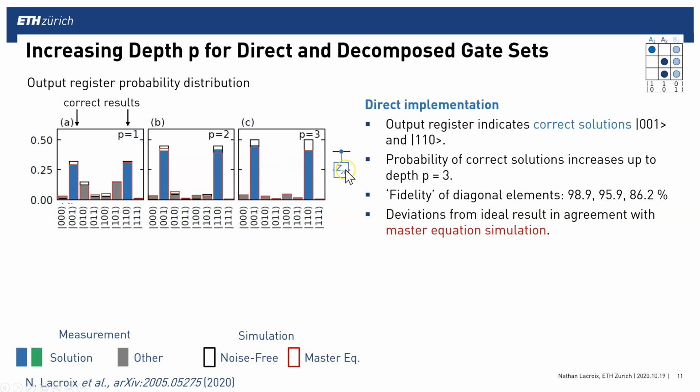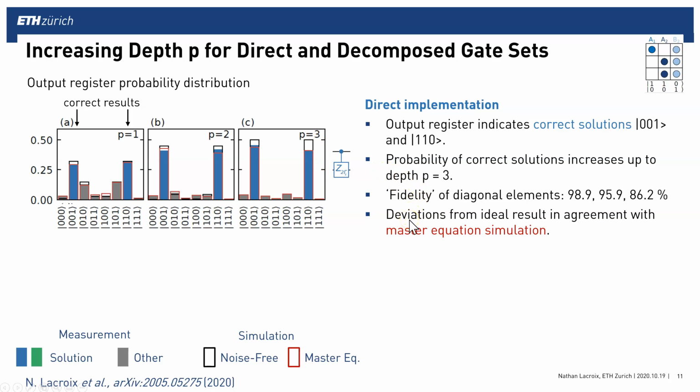Those 3 measurements were performed with a direct implementation of the arbitrary phase gate, namely the continuous gate set, and we see that indeed, with increasing number of layers, the probability of measuring one of the 2 solution states increases. However, we see that the fidelity with respect to a noise-free simulation, here indicated with a black wireframe, decreases.